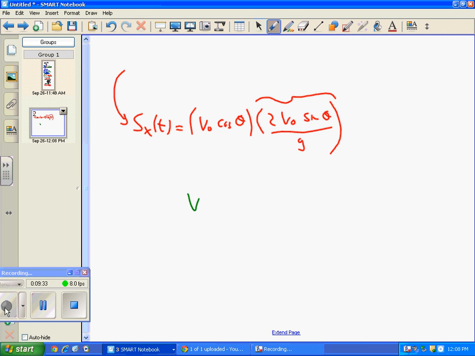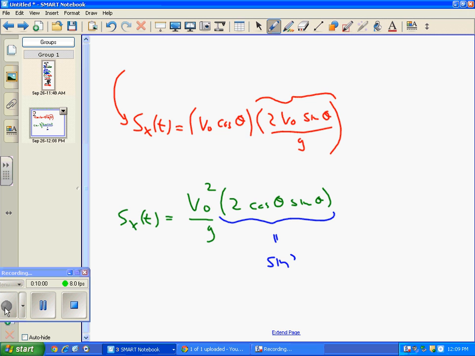You have v0 squared, forgive me, times 2 cosine theta sine theta over g. I am writing this in this way because I want you to look at this expression and say, oh, I know what that equals. That is equal to the sine of 2 theta.